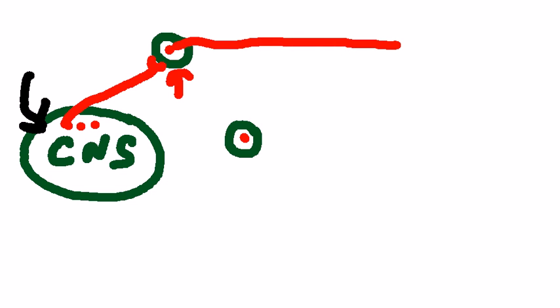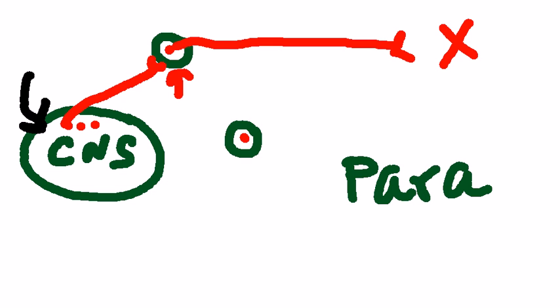Now, I drew two ganglia here for the sympathetic system because there are two distinct sets of ganglia in the sympathetic system. The paravertebral ganglia, which are also known as the sympathetic chain ganglia, and the prevertebral or pre-aortic ganglia, which are in the midline, unpaired, and located directly in front of the vertebral column.